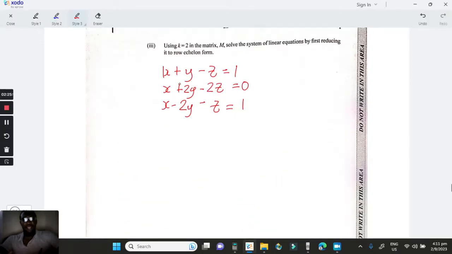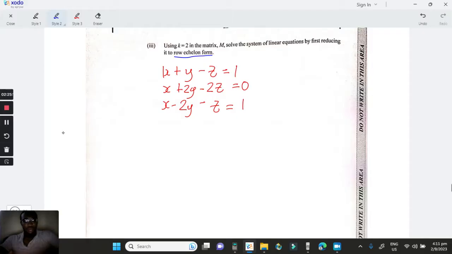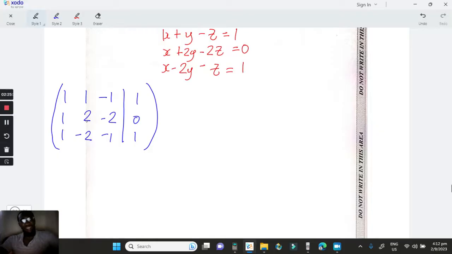Alright, and we need to solve it for this value of k, so using row echelon form. This is now 1, 1, minus 1; 1, 2, negative 2; 1, negative 2, negative 1; augmented with 1, 0, 1. Now we're solving for x, y, and z. I like to get my lower triangle of zeros.